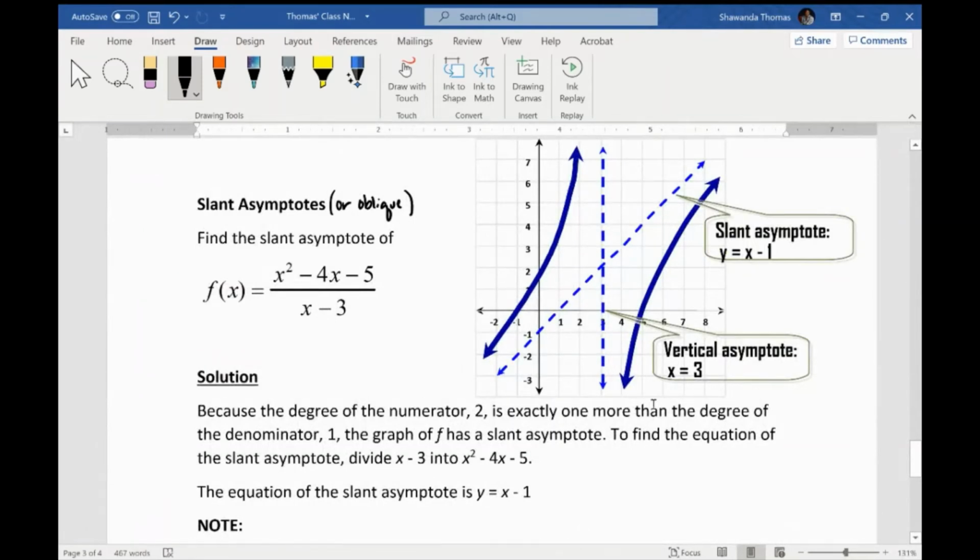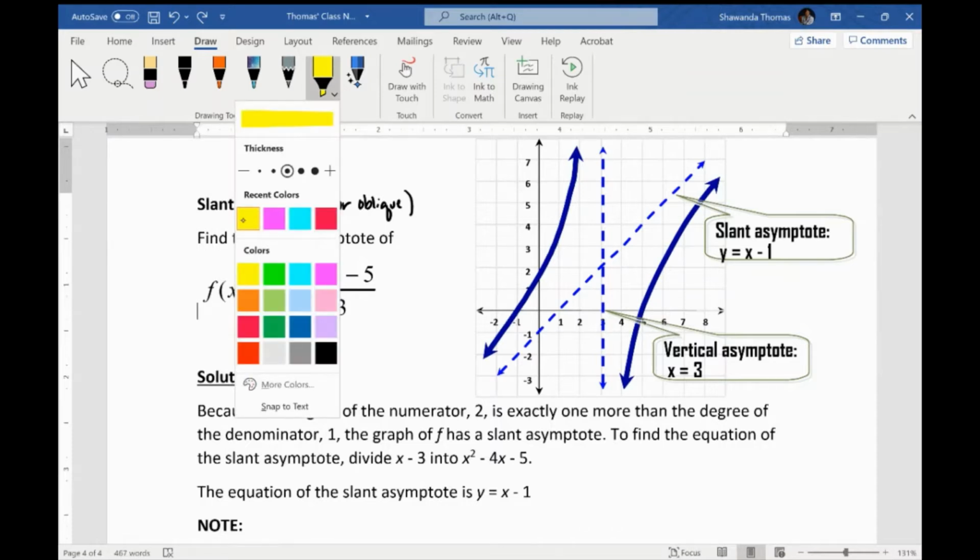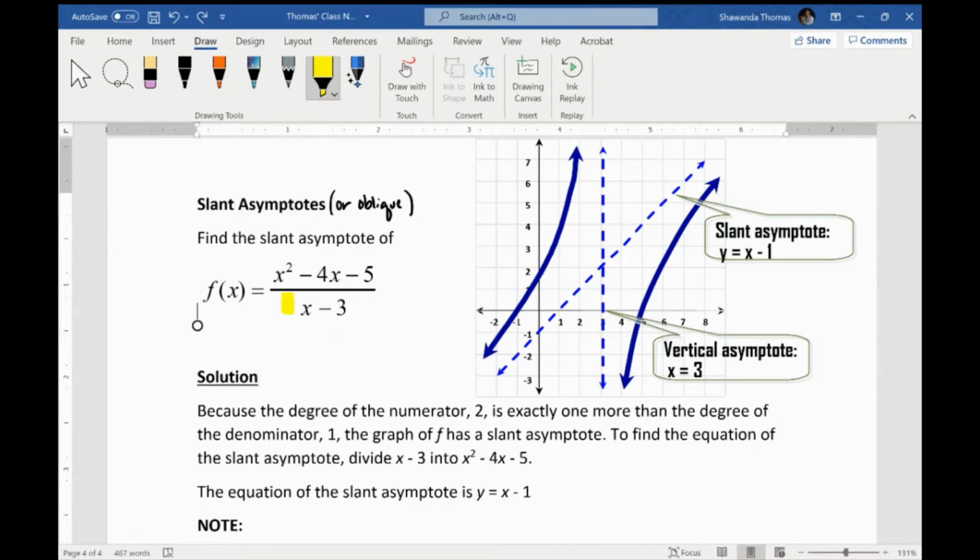All right. So let's look at the degree of the numerator. What is the degree of x squared minus 4x minus 5? 2. Yep. What is the degree of the denominator? 1. All right.